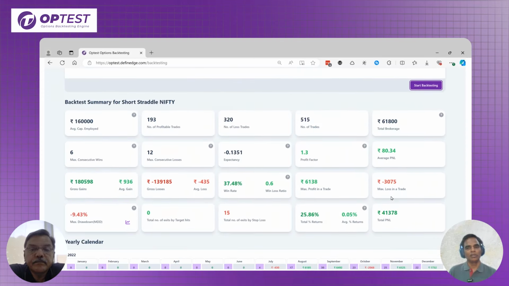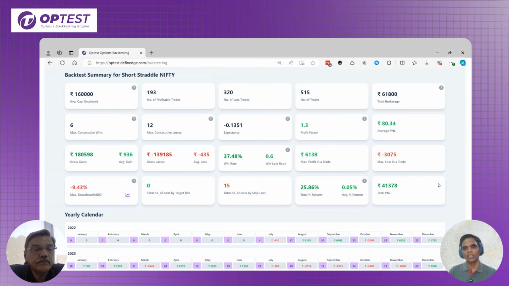So here, these are the returns intraday, 515 trades it took. But though it is profitable, the win rate is bad. That is one. And profit factor is fine. But for me, if expectancy is not positive, you should ignore the strategy, no matter what.